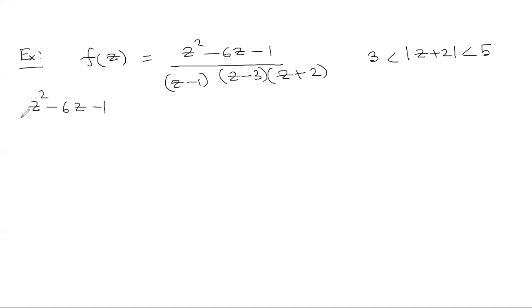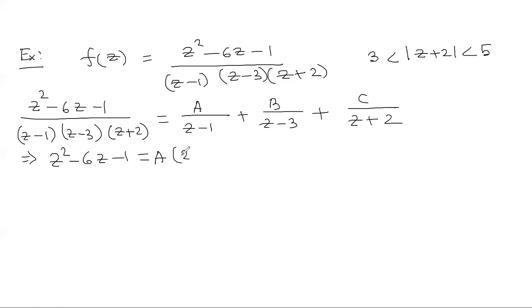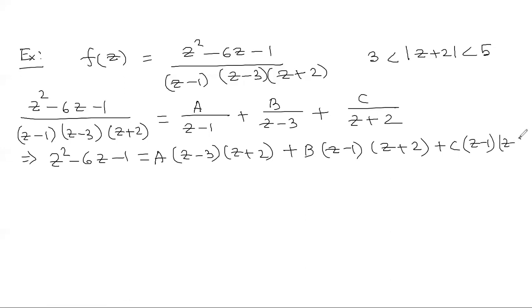So this can be written as A/(z − 1) + B/(z − 3) + C/(z + 2). Here we have A(z − 3)(z + 2) + B(z − 1)(z + 2) + C(z − 1)(z − 3).